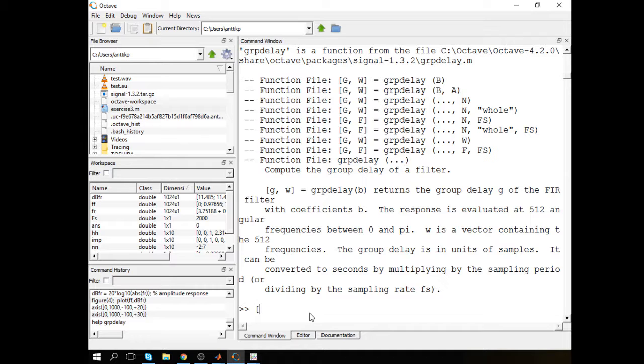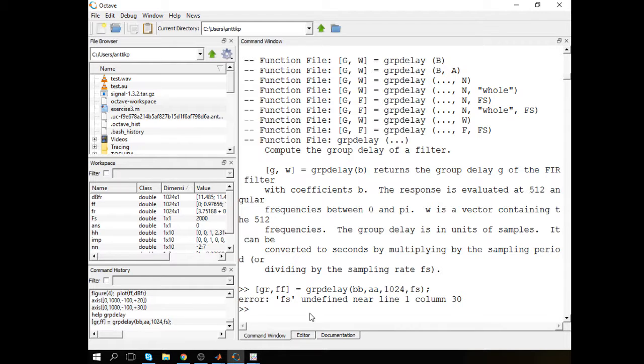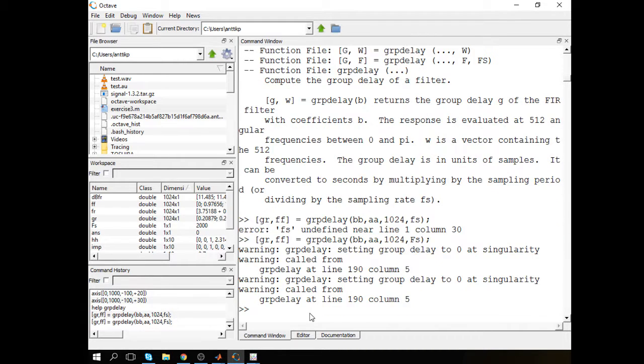So GRFF equals grpdelay of BB AA, 1024 points and FS. Wow. Yeah. FS. Setting group delay to 0 at singularity.